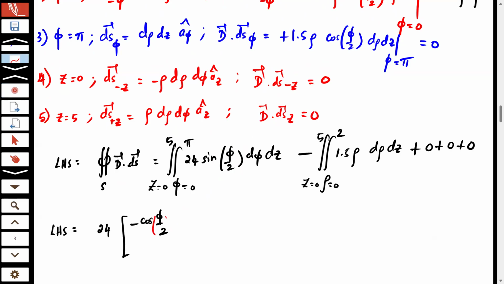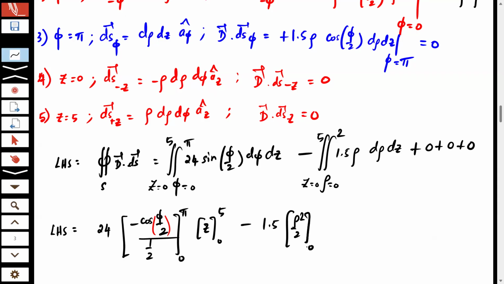So cos phi by 2, and in the denominator we will get 1 by 2. The limits are 0 to pi. Then dz integration, z from 0 to 5. Similarly here, 1.5 is constant. Integration of rho d rho is rho squared by 2. Limits are 0 to 2, and dz integration, z from 0 to 5.